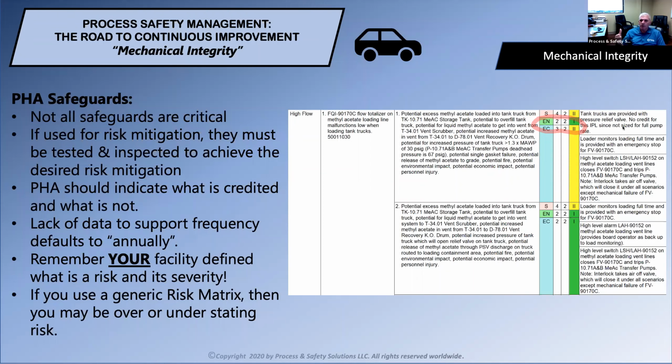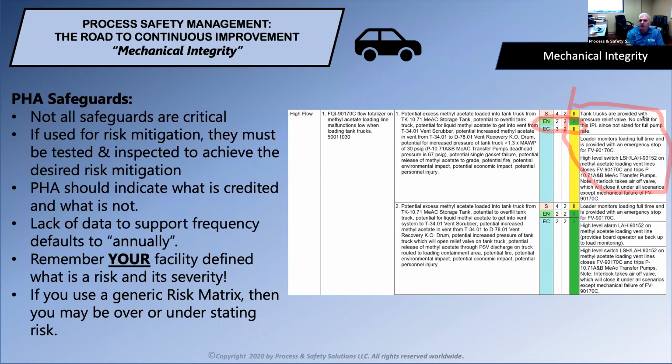However, when we look at these particular excerpts from a PHA, the S stands for safety. This is a critical or a severity level 4 and a likelihood of 2. The severity level 4 itself would indicate that anything that I have over on this side is safety critical. So if we look specifically, we've got a relief valve.